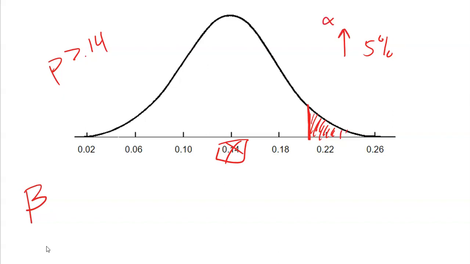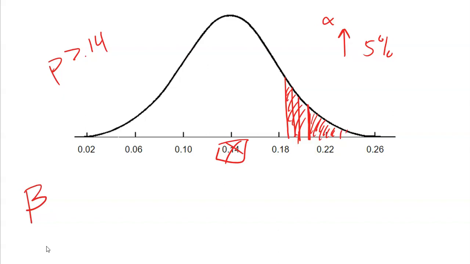So maybe we make alpha 7% or 8% or even 10%, which I would never necessarily recommend. But what you're doing is you're making the rejection area bigger. And if you make that rejection area bigger, then you're more likely to get a sample that's going to tell you to reject the null. And if that's the right thing to do, rejecting the null because the alternative is correct, then that would work.